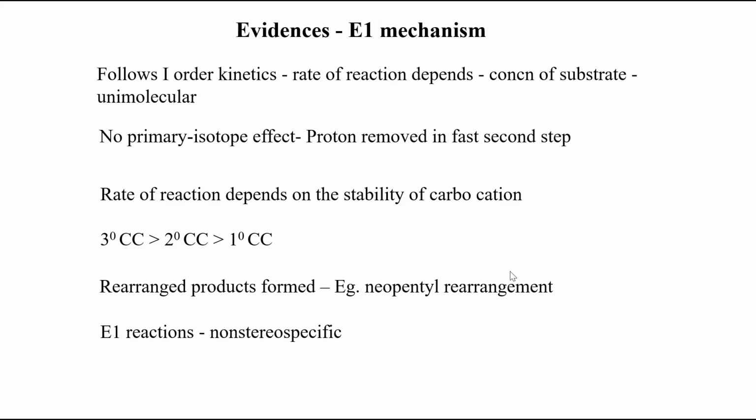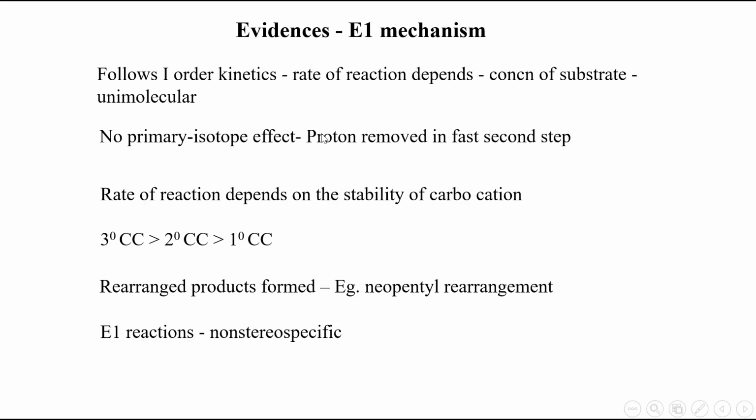Evidences are given in support of this two-step mechanism. In case of E2 mechanism, we have seen that it shows a primary isotopic effect. But here, we do not see this primary isotopic effect. When the hydrogens in the alkyl halide are replaced by deuterium, its heavier isotope, the rate of the reaction decreased when it followed E2 mechanism.